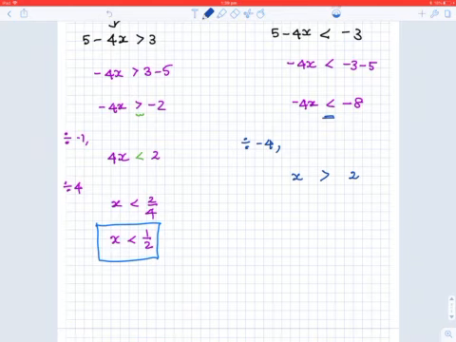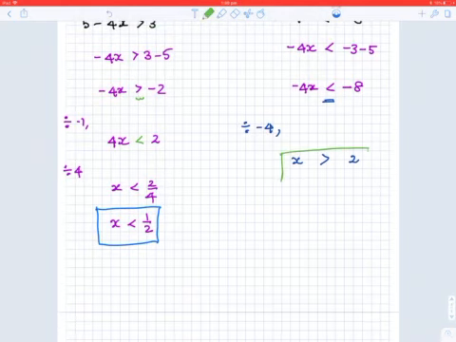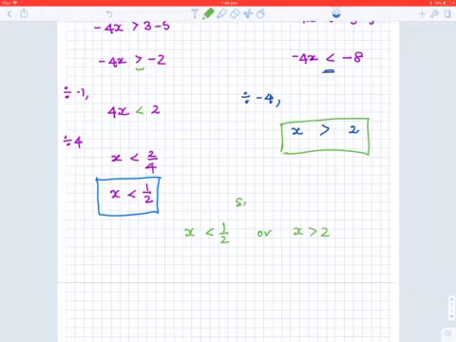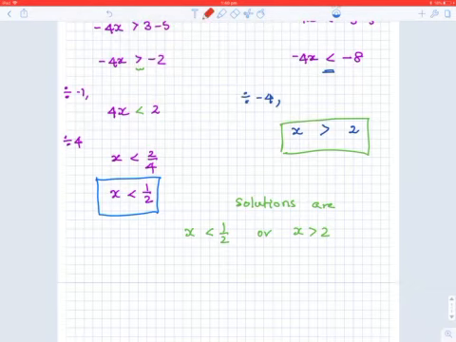I can divide by minus 4 on both sides. That gives x on this side and 2 on the other, but the sign has to be changed to more than. So the solution is x more than 2. The solution to our question is x less than half or x more than 2.